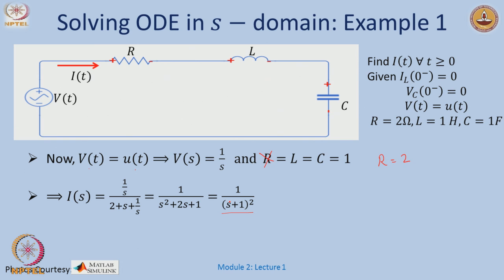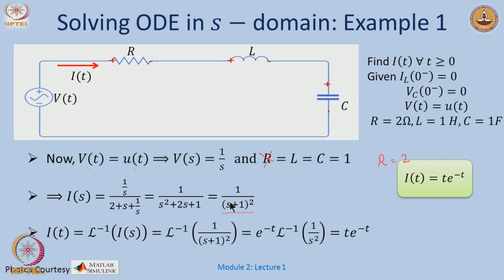And now, I have this in the Laplacian form, I can easily compute the time equivalent of that. The time equivalent is the inverse Laplace transform of 1 over (s plus 1) whole square, and I can use the properties of inverse Laplace transforms to get that the signal in the time domain is just t e to the power minus t, which is the solution I am looking for, right.